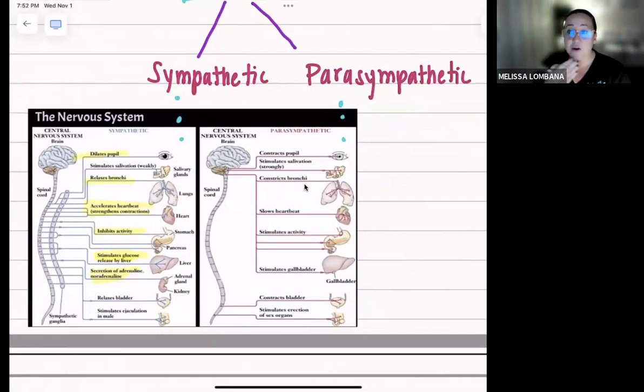It's your body's way of saying, all right, we did that fight or flight, but now we gotta chill. The parasympathetic is to calm the body, and it does that by doing the opposite of what happened in the sympathetic, so your body can chill out.